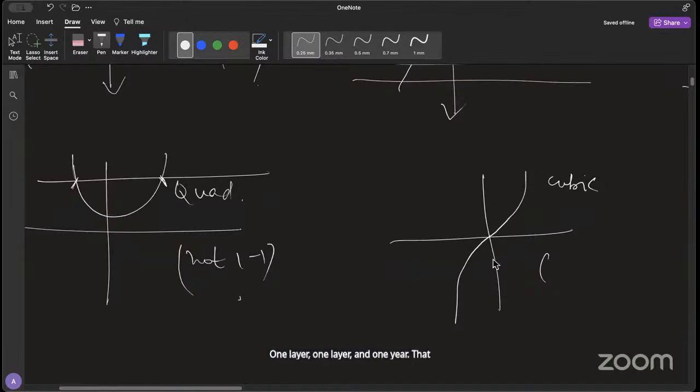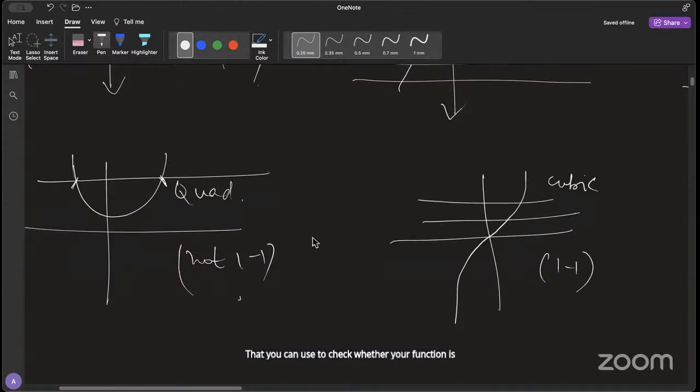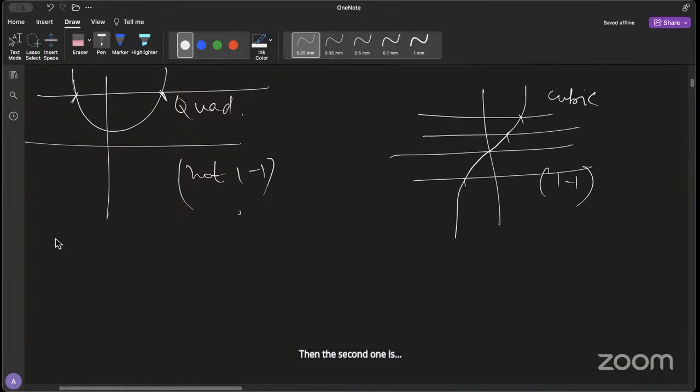That's your graphical test, the horizontal line test that you can use to check whether your function is one-one or not. Then the second one is using your definition. Use the definition.